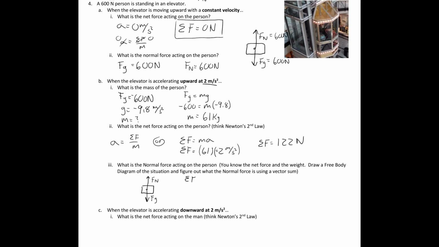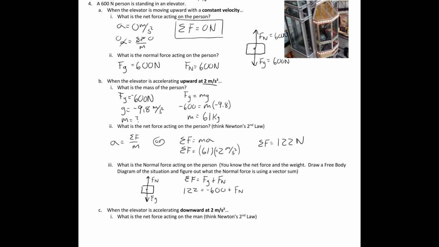The net force is equal to Fg plus the normal force. Be careful. The net force is no longer 0. We just calculated the net force. It's 122 newtons. Fg, which is 600 newtons, is acting downward. And the normal force is what we're looking for.